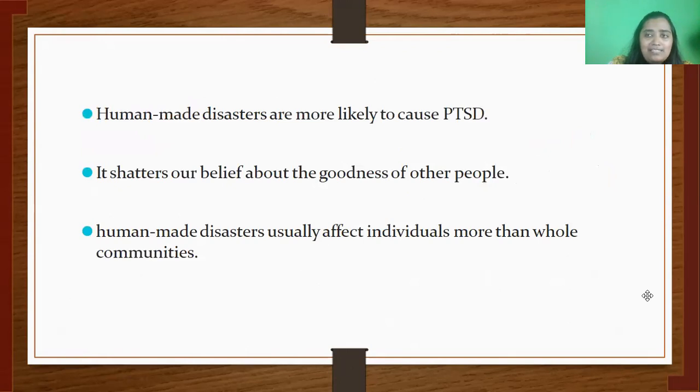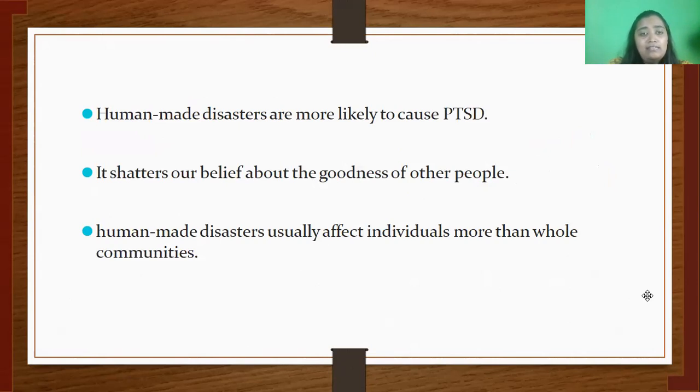So, as I mentioned, which one is heavier, or which is more traumatic, a human-made disaster or a natural disaster? It is definitely the human-made disaster, because we tend to believe that all humans are good, or there is some goodness in people.